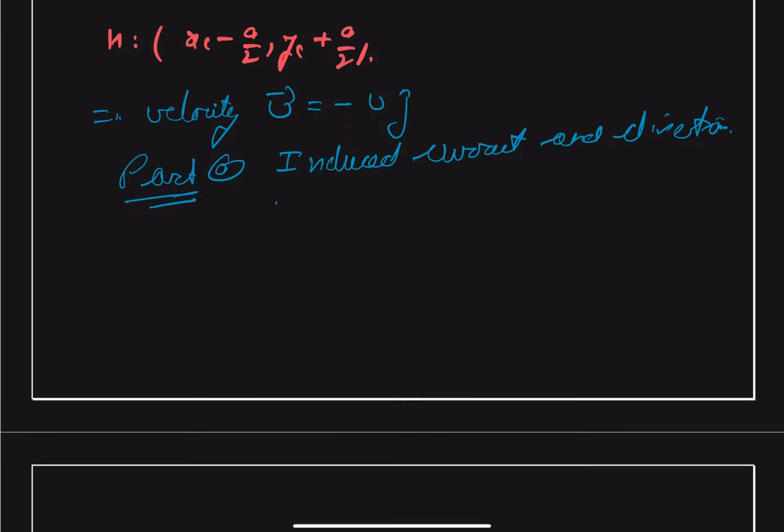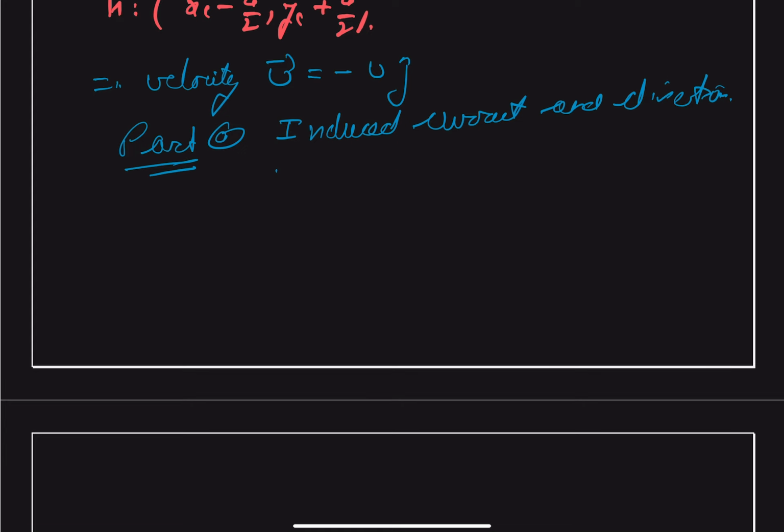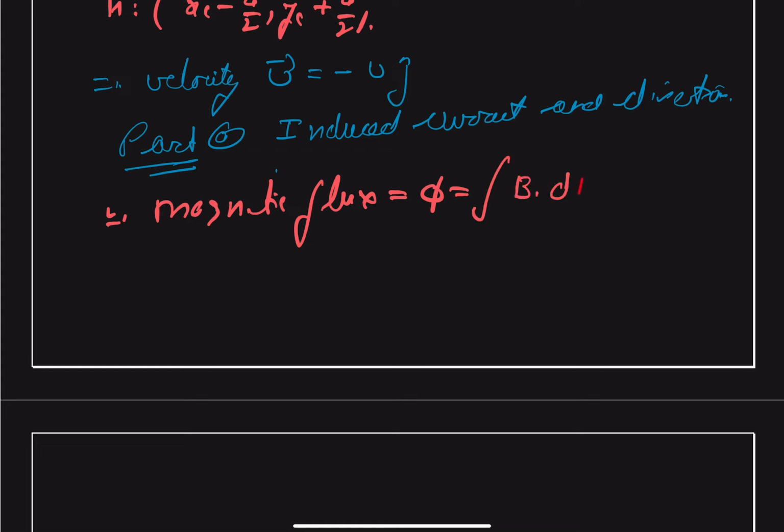So first of all, for that we need to find out the flux, and then we can find out everything. So let us start with the magnetic flux, which is our phi, and it will be given as the integral of B and small area dA.